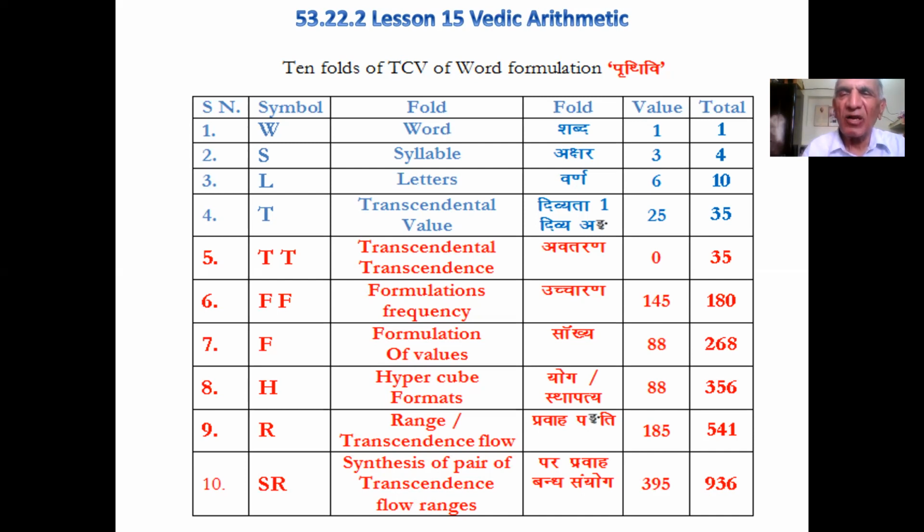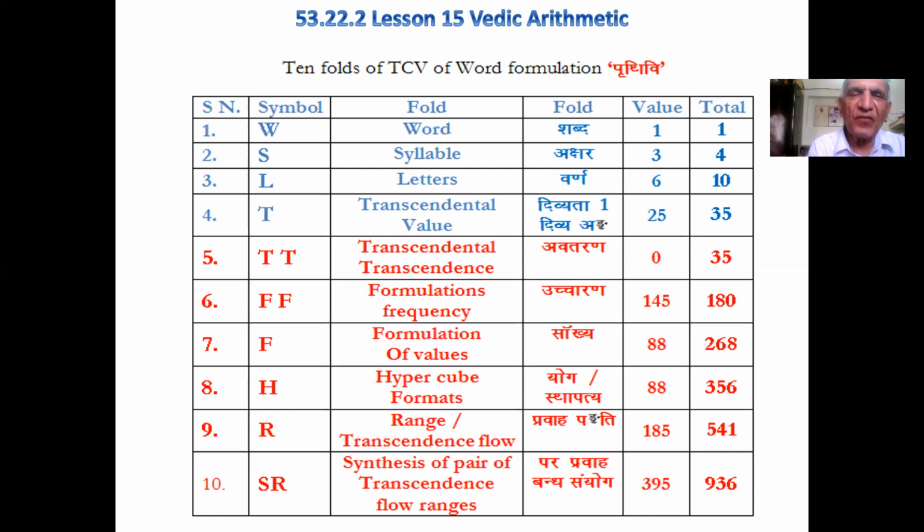The column 5 is giving the values of each fold, and column 6 is giving the summation value of the values up till that fold. Now, the first fold, symbol W, the word, the Shabd, is of value 1, being a complete entity. So the total up till this will be 1.